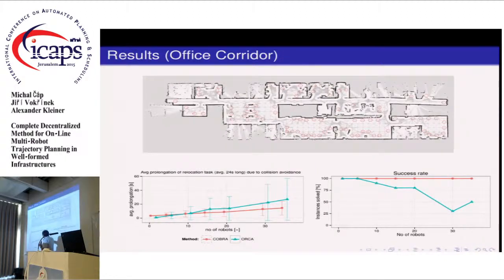This graph shows the prolongation due to collision avoidance. The red line is the prolongation introduced by our algorithm, and the blue line is the prolongation introduced by reactive collision avoidance. You can also note that the variance of the prolongation is much smaller.